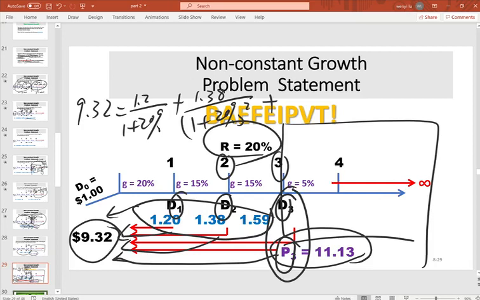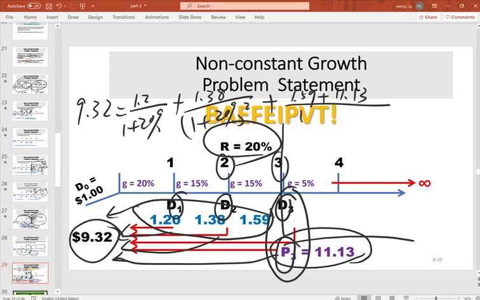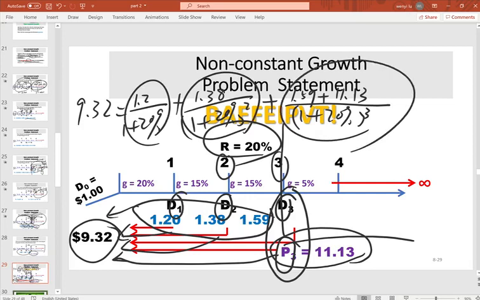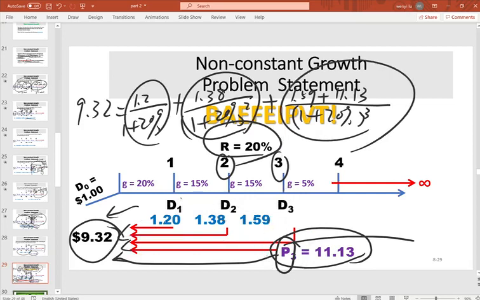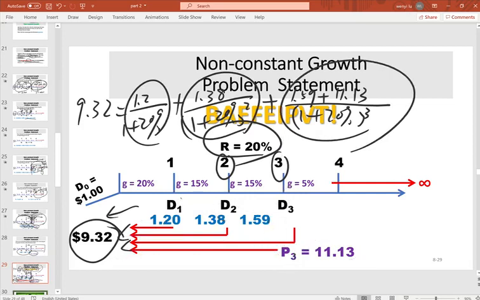D3 we solved is 1.59, plus the P3 11.13, both on time 3. So they will do the discounting simultaneously, over 1 plus 20% cubed. If you do the discounting of these 3 terms, you will get the price equal to $9.62 per share.